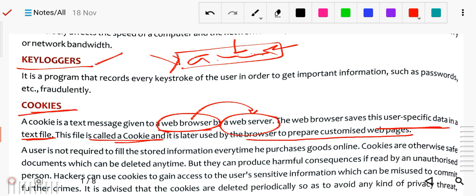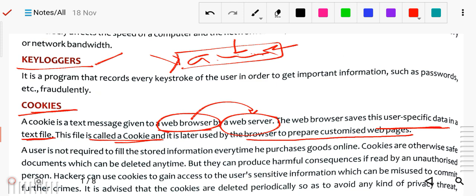Sometimes when you are logging into your system and you have to enter a user id, as soon as you type the letter a, your name automatically comes up, because that information is already saved. So a user is not required to fill in the stored information every time he purchases goods online.